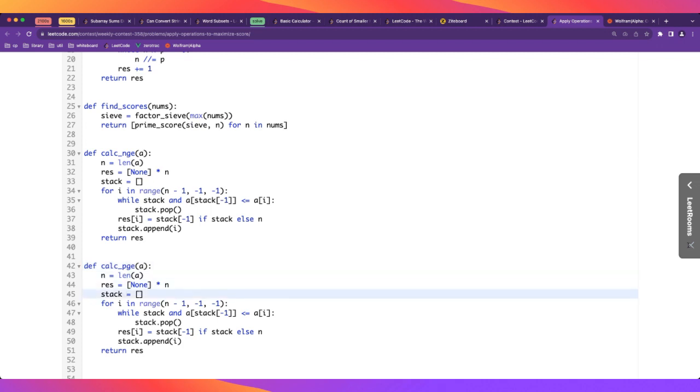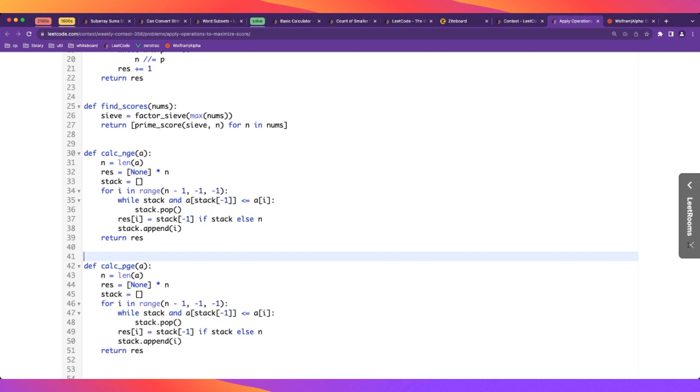And there is a catch here, because when we go to the next one, it doesn't matter if we find one that is equal to the current one. We can also continue. We only want one that is strictly greater because of the tie-breaking condition.